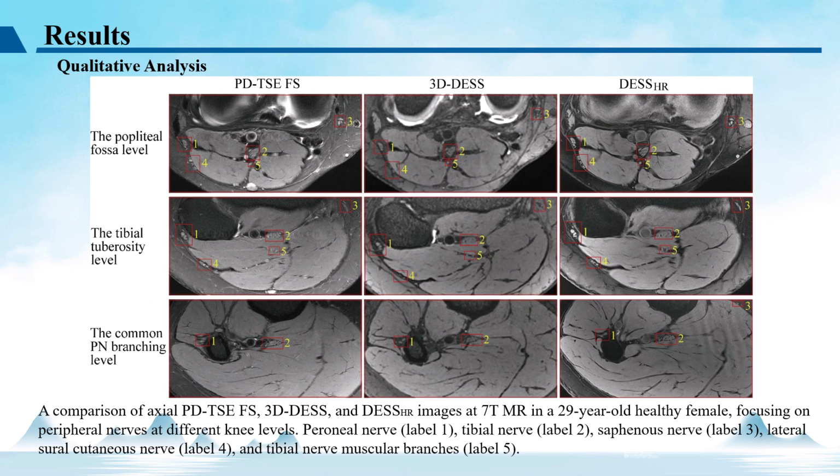This figure is a comparison of axial PD, 3D DESS, and DESS HR images at 7T MR in a healthy female. Label 1 means peroneal nerve, label 2 means tibial nerve, label 3 means saphenous nerve, label 4 means lateral sural cutaneous nerve, and label 5 means tibial nerve muscular branches.